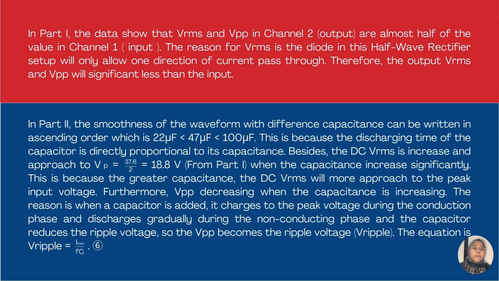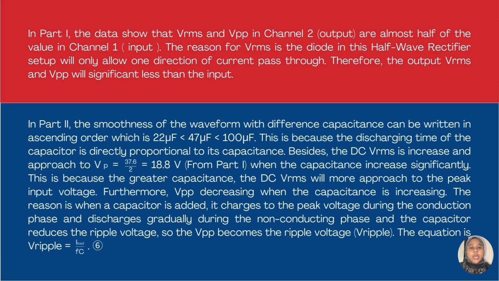This is because the capacitor charged to the peak voltage during the conduction peaks and discharges gradually during the non-conduction peaks. By reducing ripple voltage, the VPP becomes equivalent to the ripple voltage calculated using the formula.